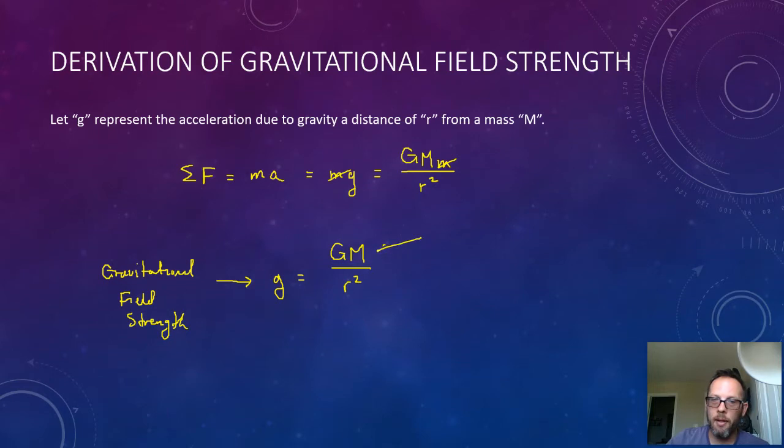In that formula, G is just our Newton's constant, the gravitational constant. M is the mass of the body setting up the field. So if we're doing a problem around Earth, we're considering big M to be the Earth's mass.